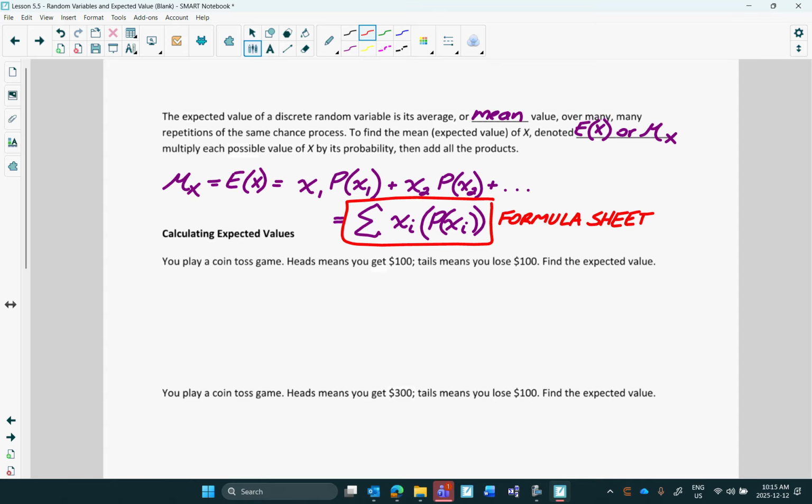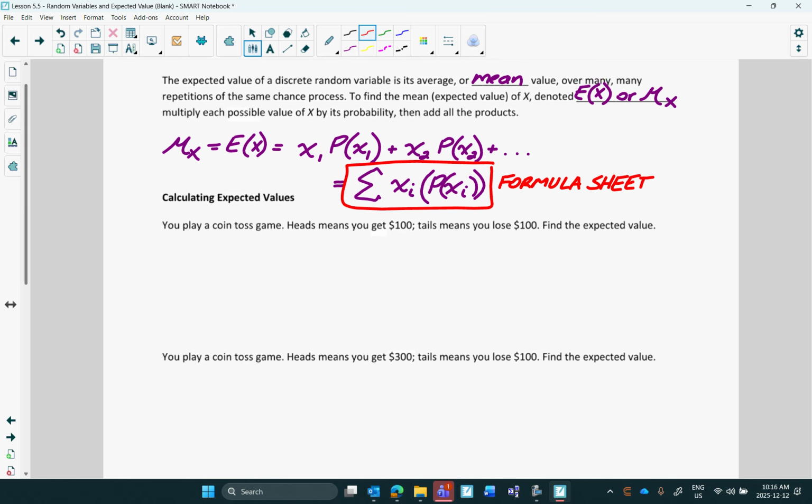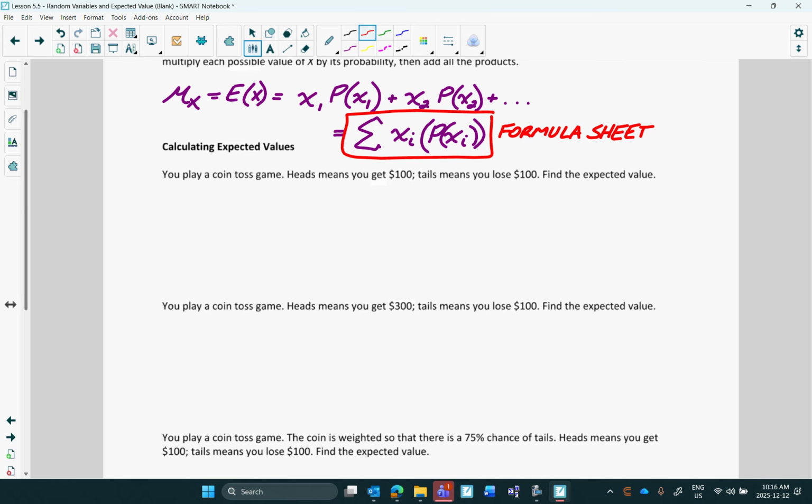Yeah. Okay, so let's use this formula in some examples. Coin toss. Heads means you get 100, tails means you lose 100. What is the expected value? Well, two possible situations, right?